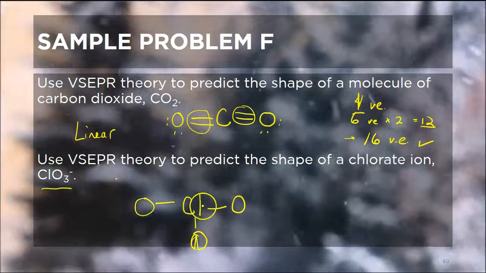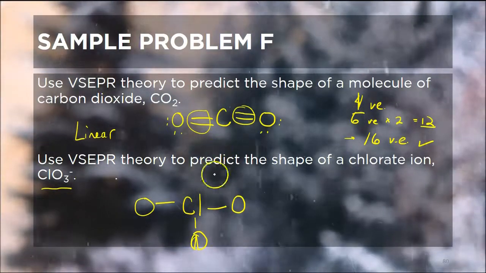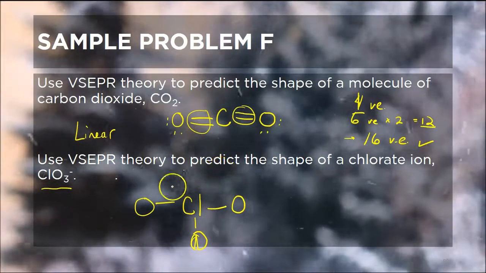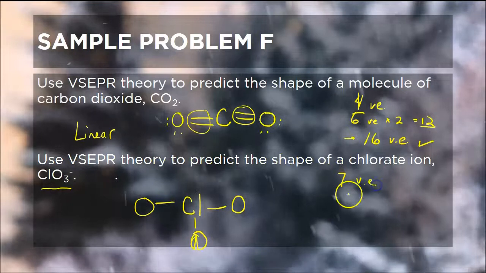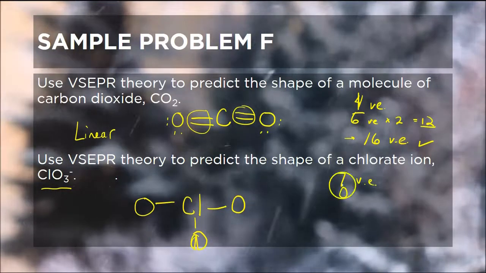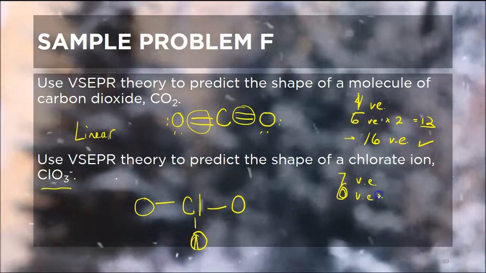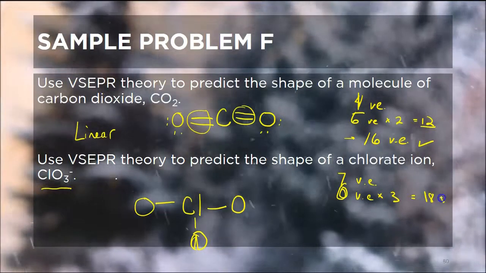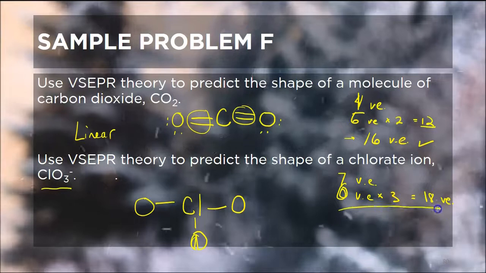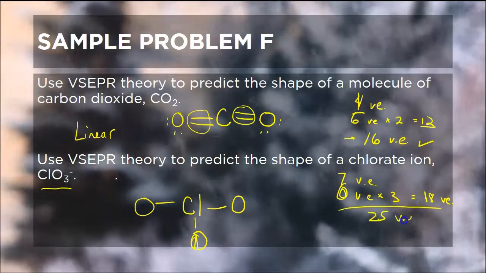You don't usually see chlorine in the middle, but for this ion you will. Chlorine has 7 valence electrons. Each oxygen has 6 valence electrons, times 3, so I have 18, which tells me 25 valence electrons.